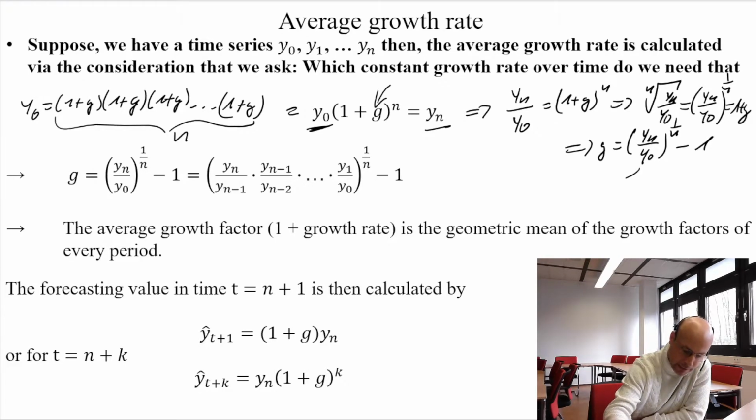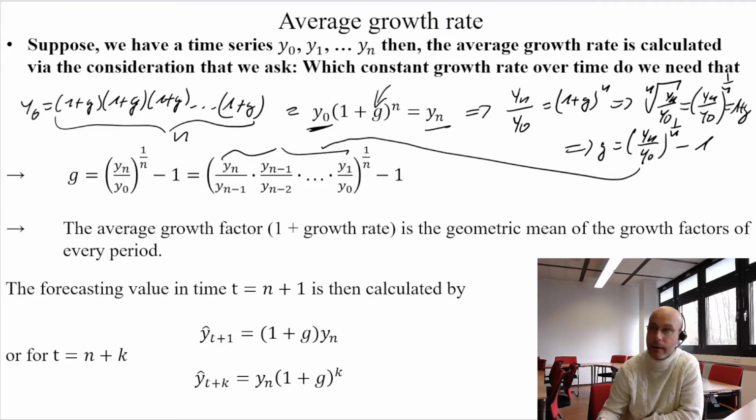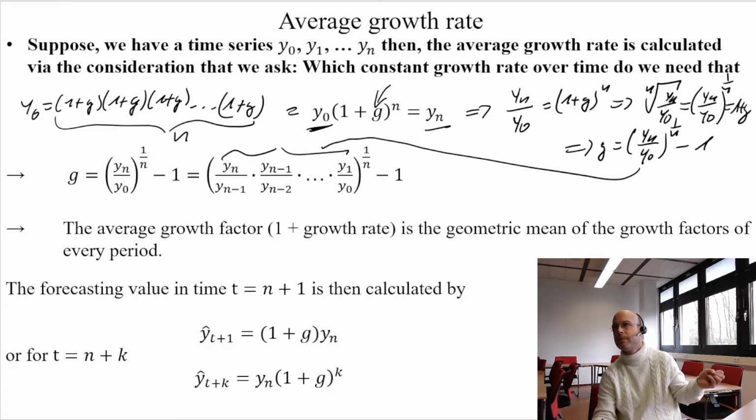And this here we can rewrite as the product of the series of all relative values, so the proportions of time t over time t minus 1.